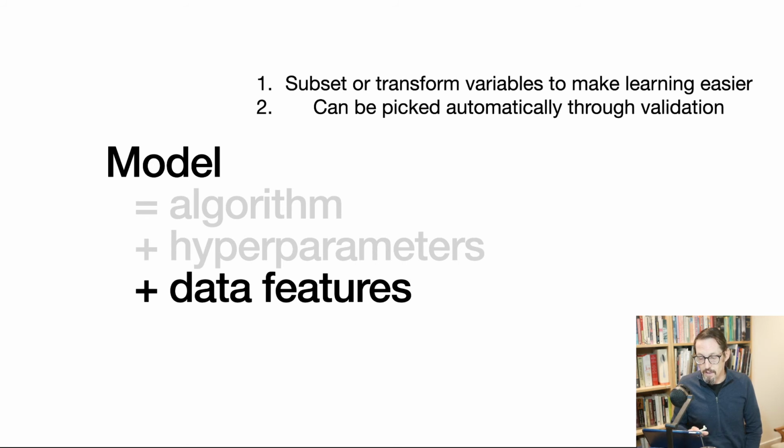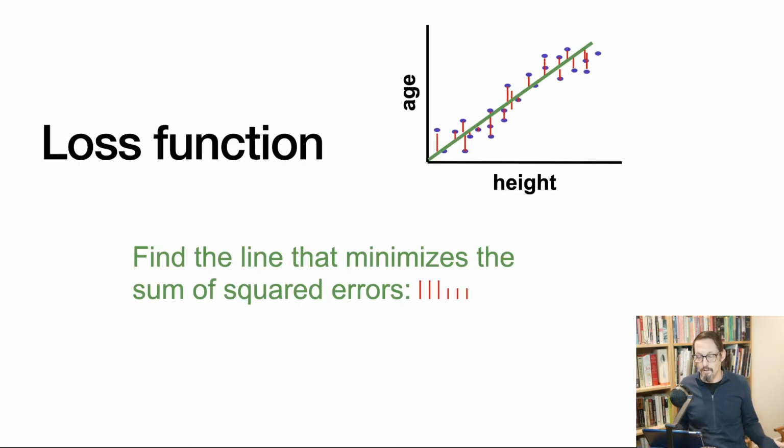So finally, what is that loss function that we talked about? Well, remember our definition for regression. We just want to find the slope and intercept of a line that we can draw through this cloud of dots that minimizes the sum of squared errors, the smallest total sum of all of those vertical red error bars, okay?